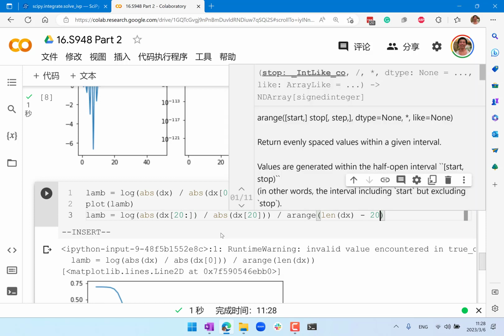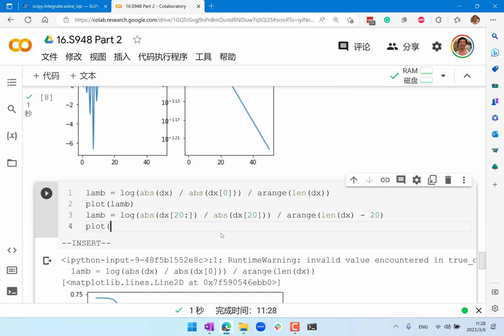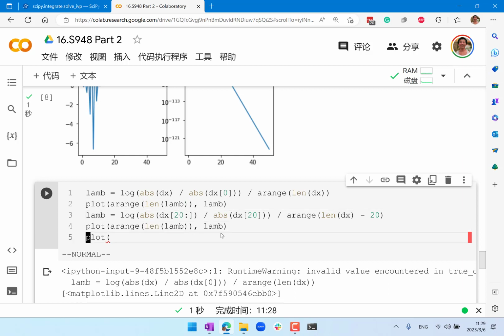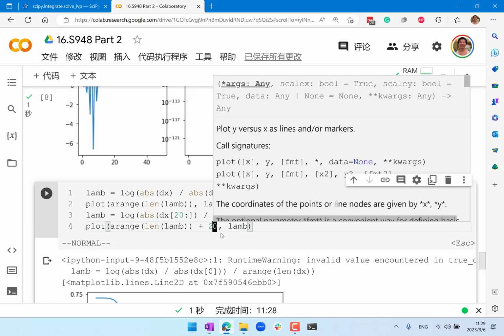All right, so basically treat the initial 20 iterations as an initial transient, and then we can plot the length of lambda, and I'm going to plot the same, plus 20, so that I'm aligning the x-axis.